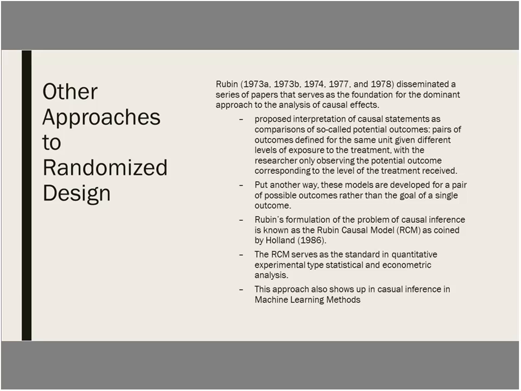It lays the foundation. As a matter of fact, the RCM is also showing up in the machine learning literature, because machine learning basically focuses on predictive behavior, but now there's some research looking at the causal implications, what variable causes what, and the foundation for it is the RCM.